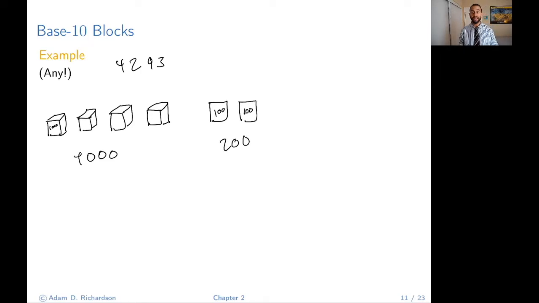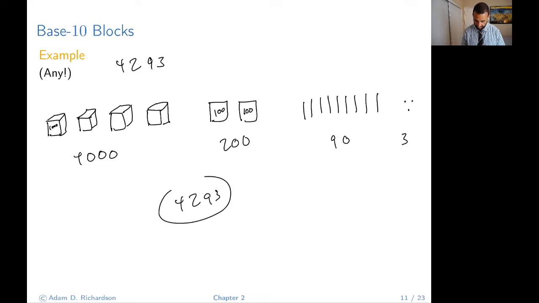And then I need 9 tens. And then I need 3 ones. 1, 2, 3. Ta-da! There's the representation, 4,293. And notice that if you add all those together, you will get 4,293. Pretty cool, huh?